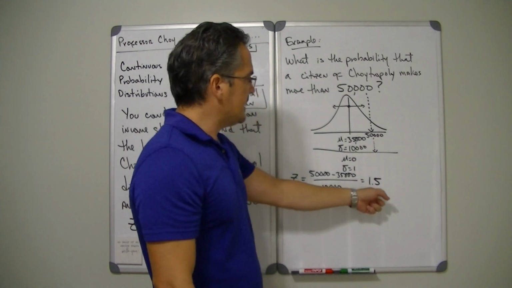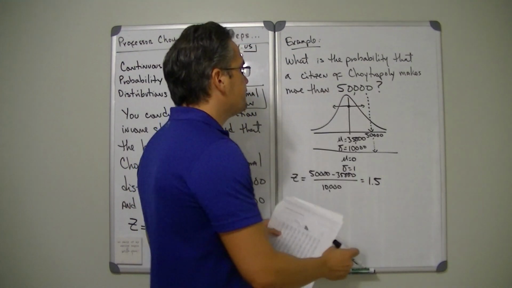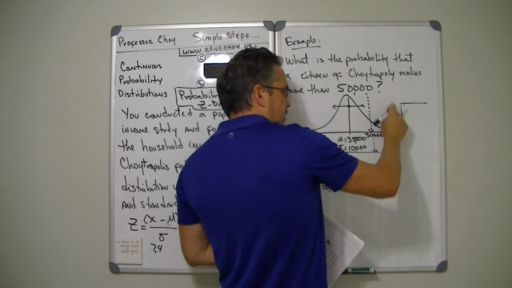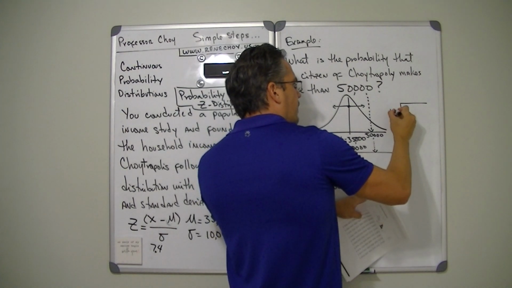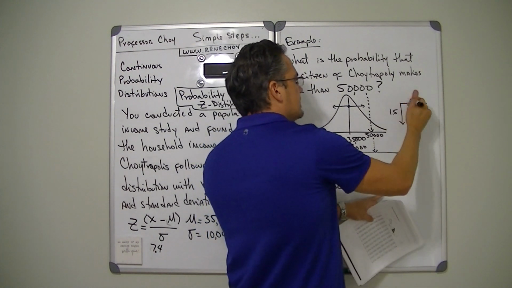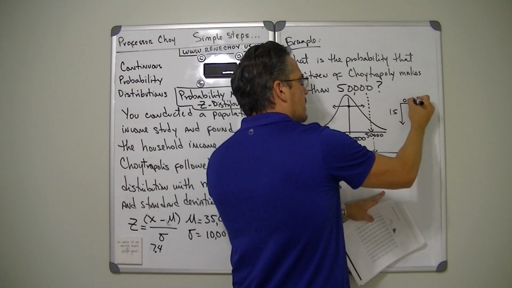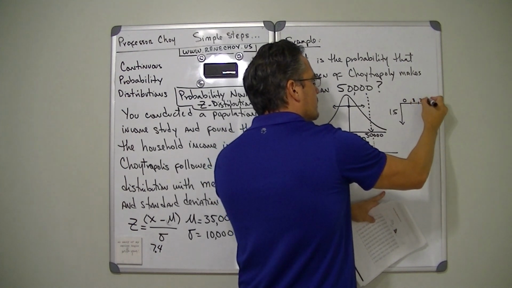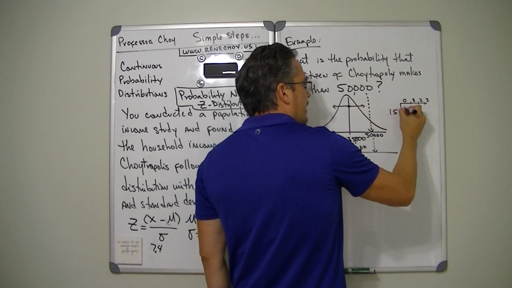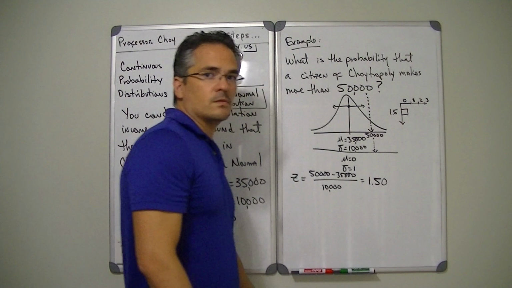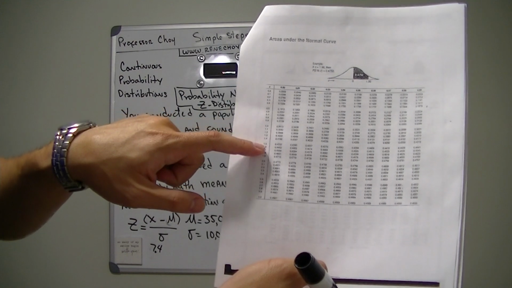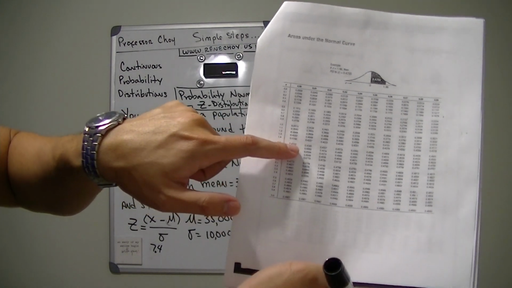Okay, so if I take this 1.5 to find the probability for it, I gotta go into my table, and then on this section I gotta look for 1.5. Because this is 1.50, I'm just going to go to 1.5, and then slide to the right to the 0 column.